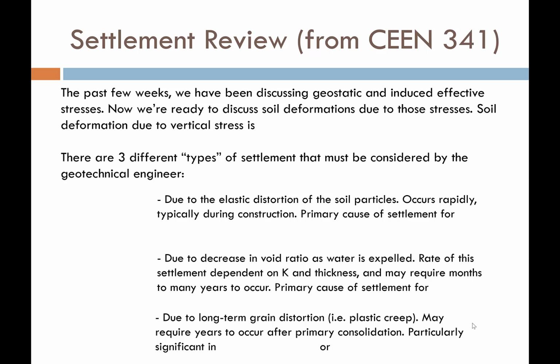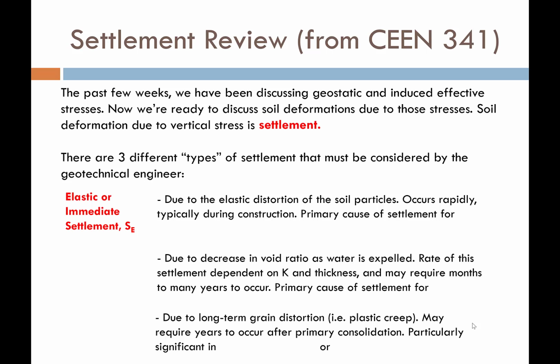When we talk about settlement, you'll recall that there are three quote-unquote types of settlement that we need to consider, and each one has a different mechanism, and that's why we need to evaluate them differently. The first is what we call elastic settlement or immediate settlement, and this is due to the elastic distortion of the soil particles.